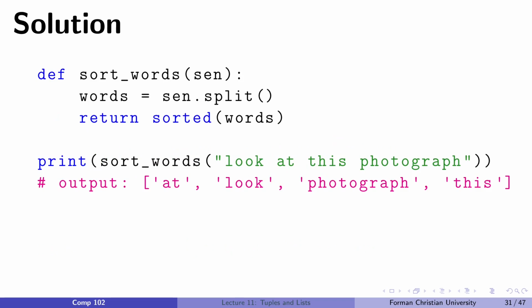words = sentence.split(). So this returns the list of all individual words broken into pieces and stored in a list. And then when you apply the function sorted on the list words, it's going to create a new list, sort the words, and then return that.